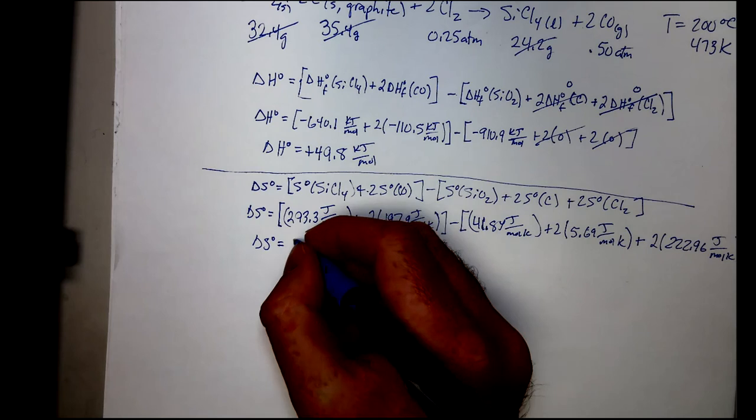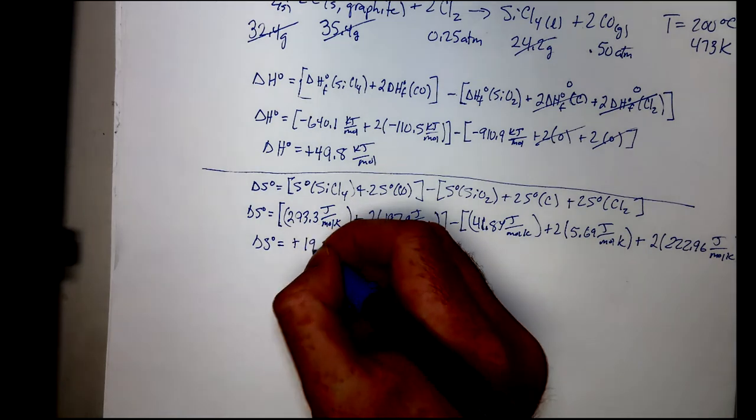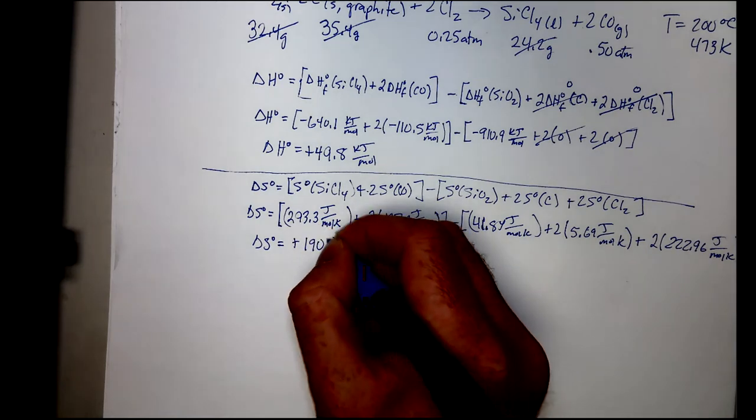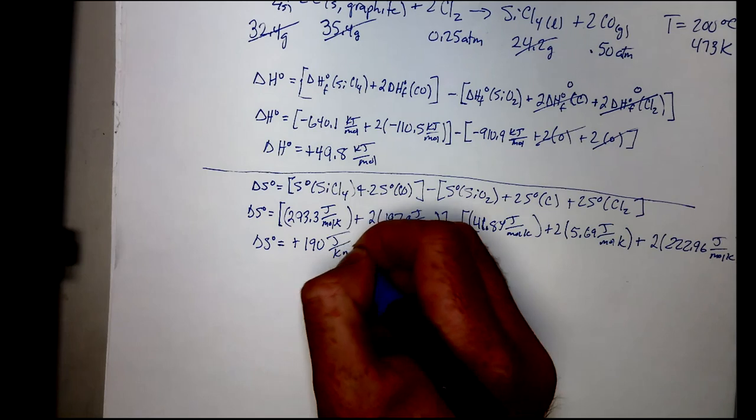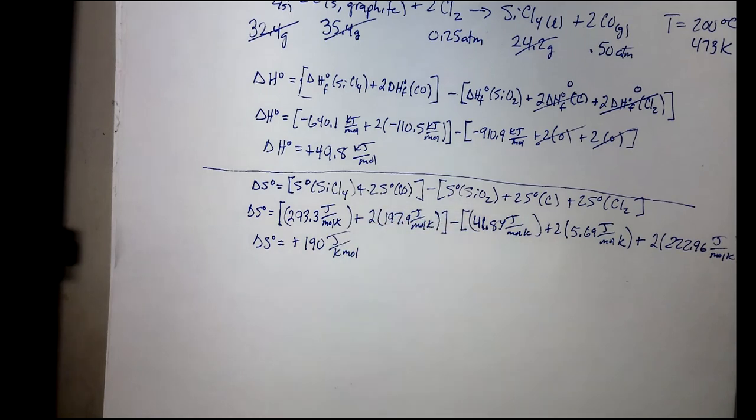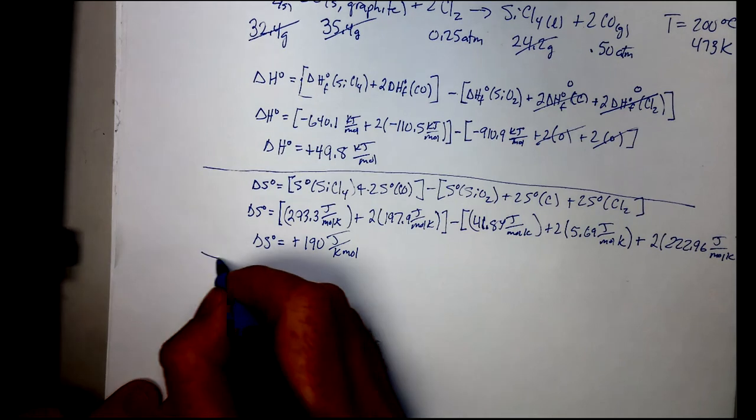And so we get a positive 190 joules per Kelvin mole. Now, we're still not done yet, but we did get a favorable condition for my entropy. So if the temperature is high enough, we could still be spontaneous.